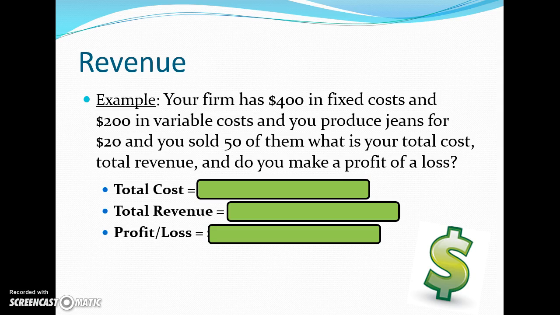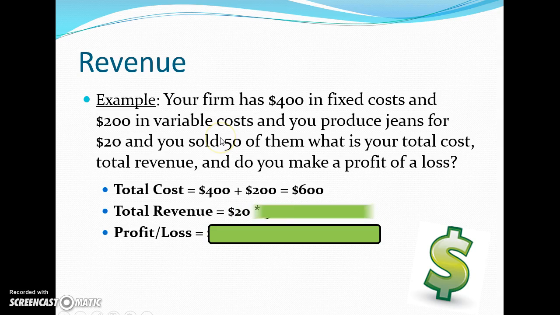Well, your total cost is your fixed cost plus your variable costs. So $400 of fixed costs plus $200 in variable costs leads to $600 in total cost. And your total revenue is your price times the quantity sold.